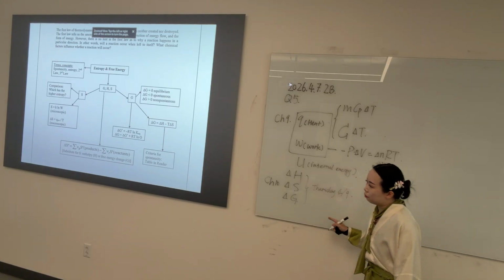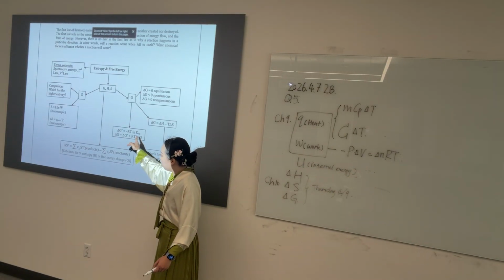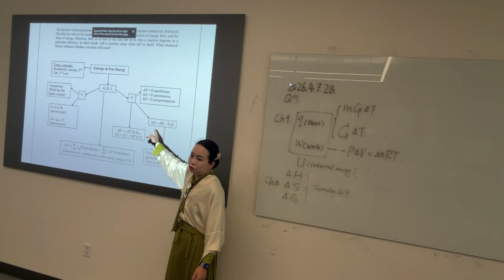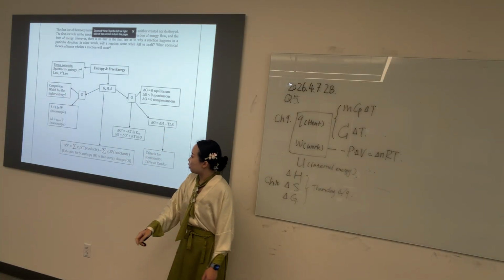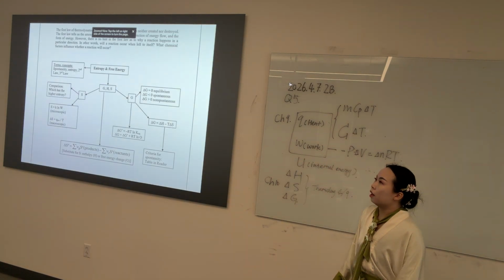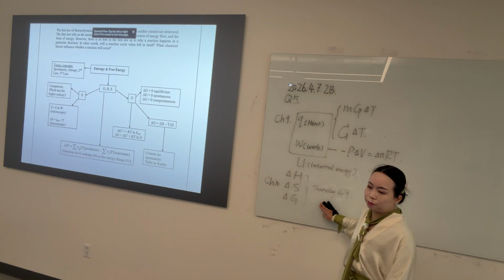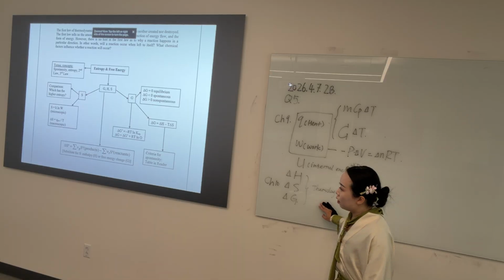I'm going to derive that one. But even if you cannot derive it, it's fine because we only want you to be able to use this one and this one. Next Tuesday will be an example of how this plays out.